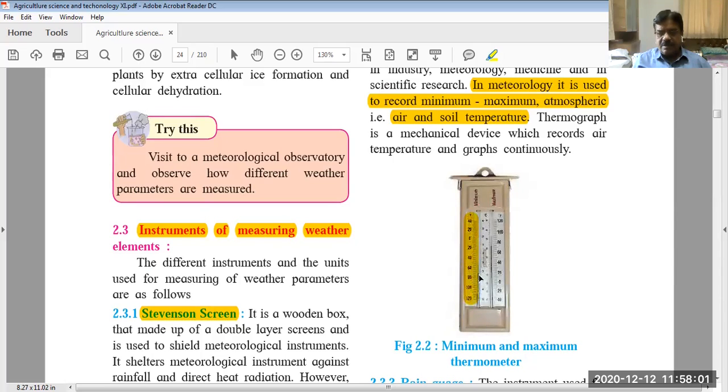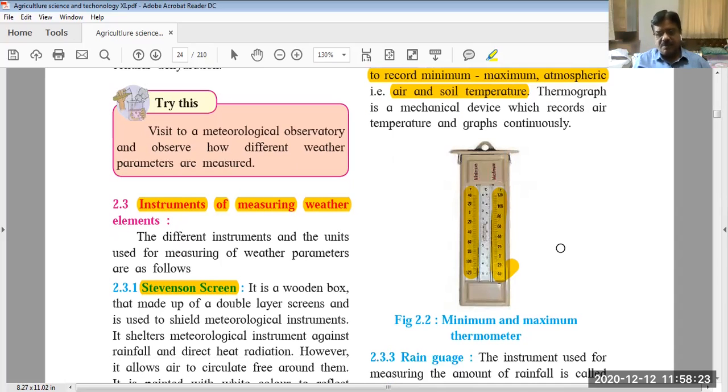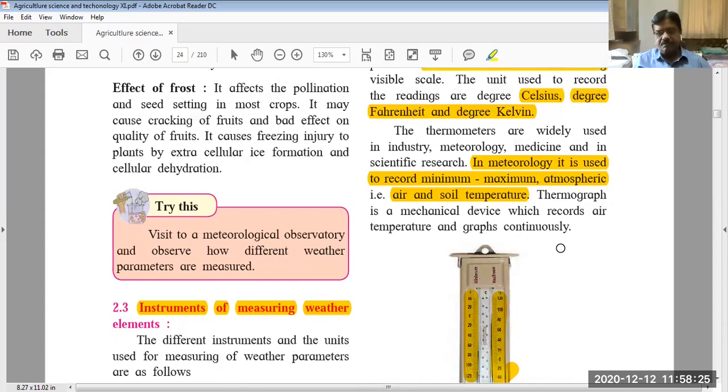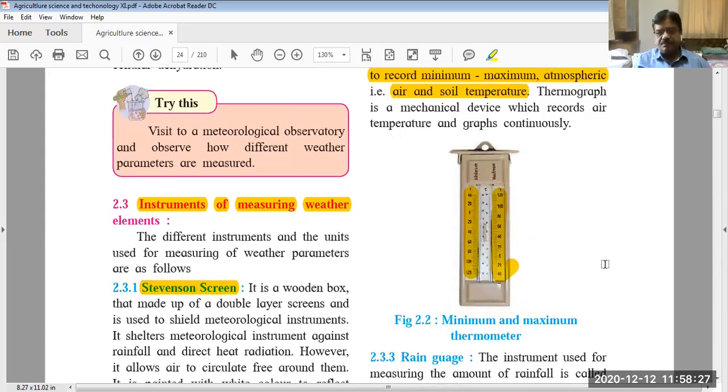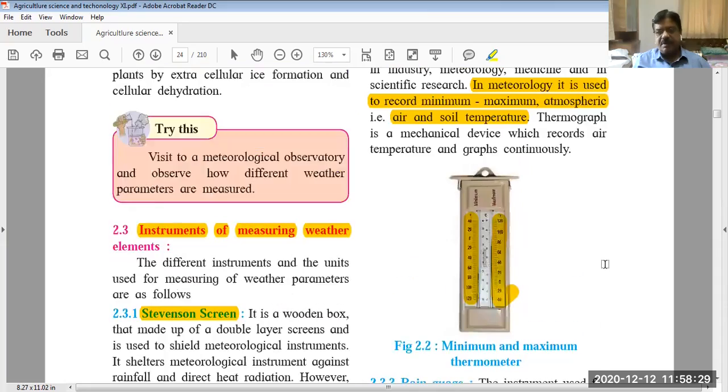There are various recordings: what the maximum temperature was and the time of that temperature can be recorded. It can also record the level of minimum temperature and when this minimum temperature occurred in the atmosphere.